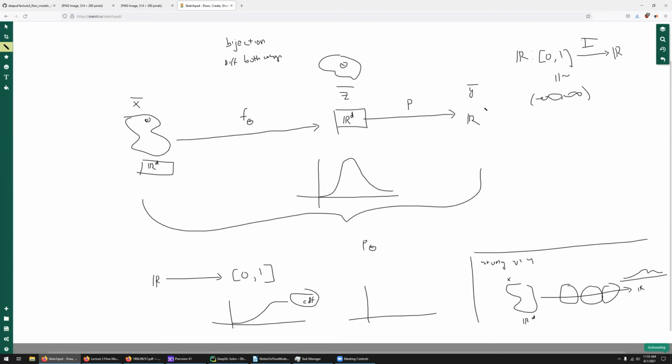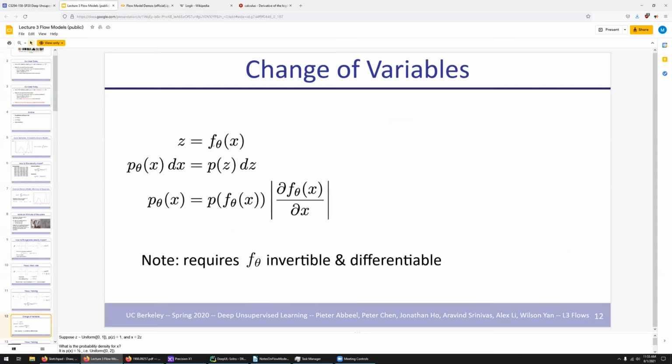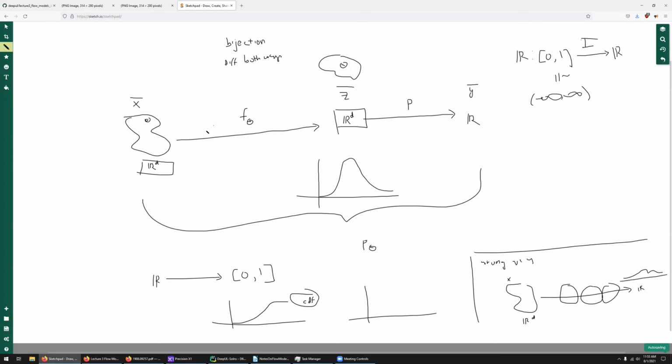Okay, so there were a couple more things that I was super confused about. Let me go through that one. So this is the main one, right? This equation. So you'd say, okay, we have X, we have F theta, and we have P. So Y should be just P of F theta of X, right?